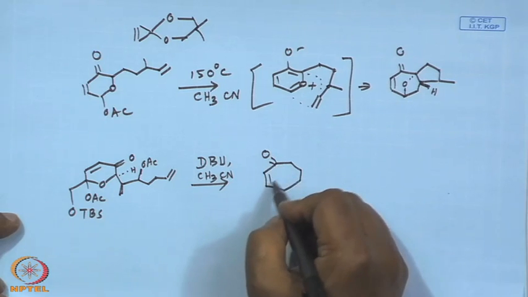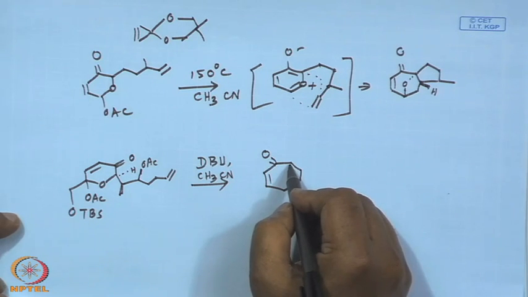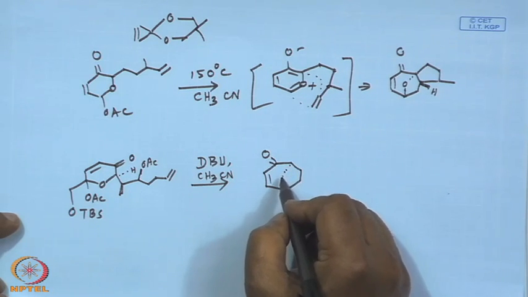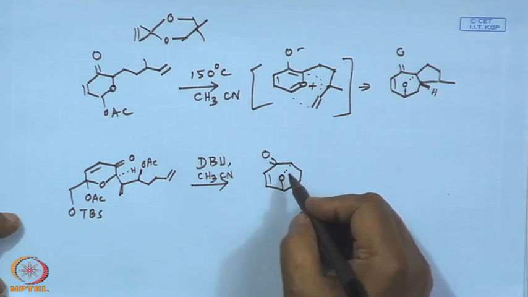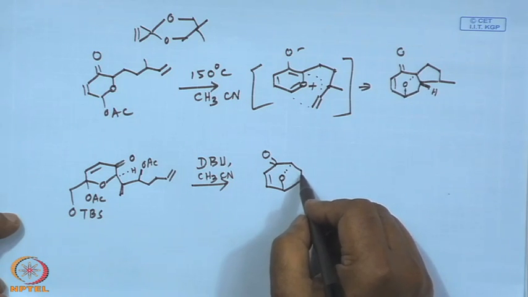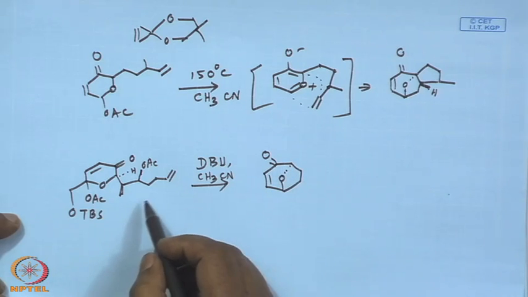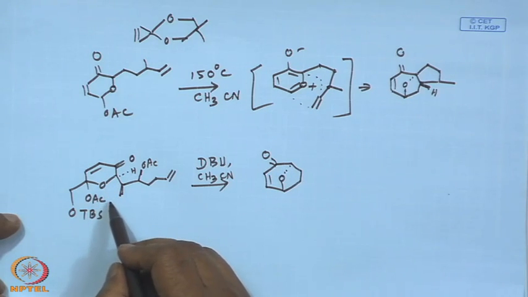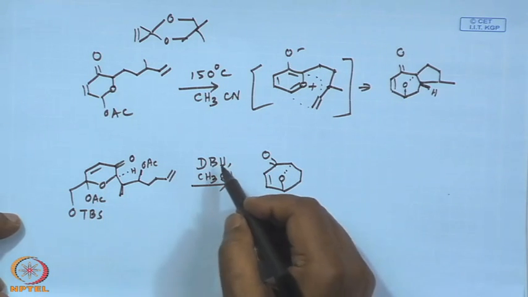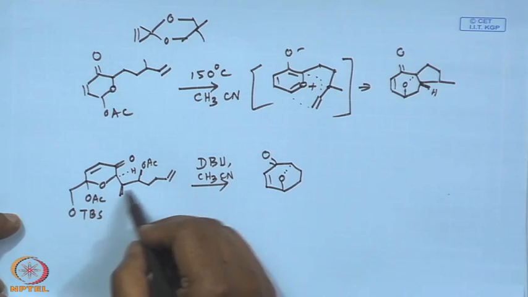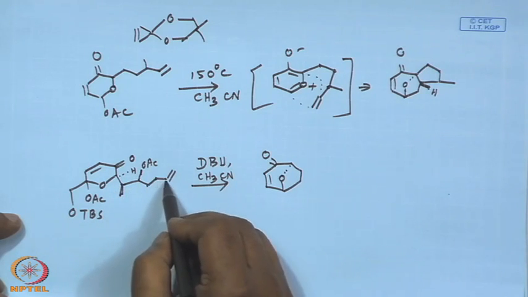See, this is how the next carbons are linked through this oxygen here, and the rest of the 2 carbons come from the double bond part. That means basically 1 2 3 4 5 6.